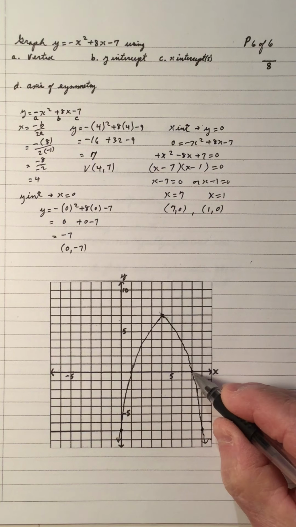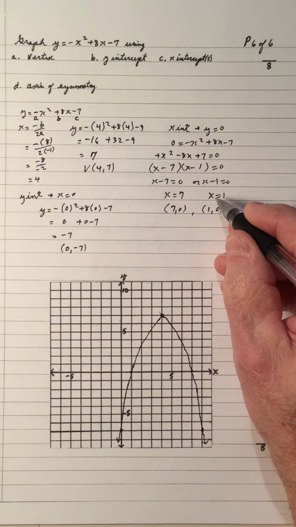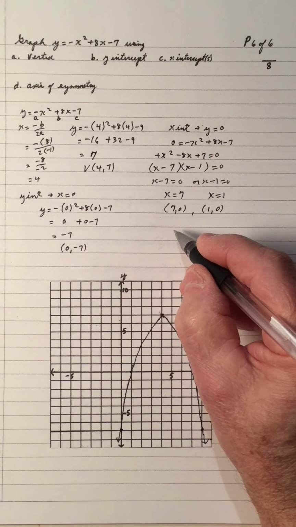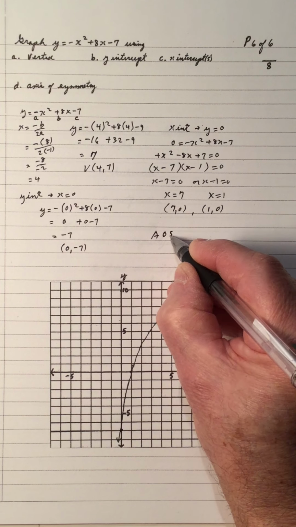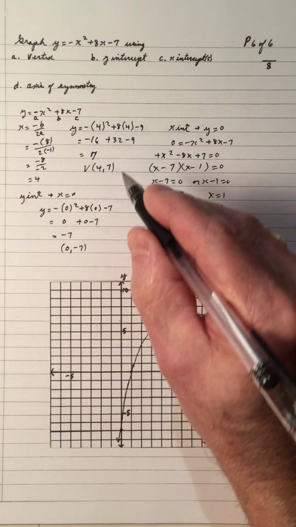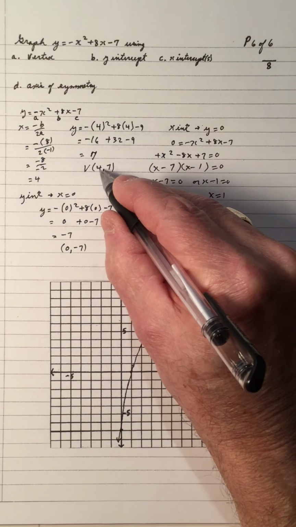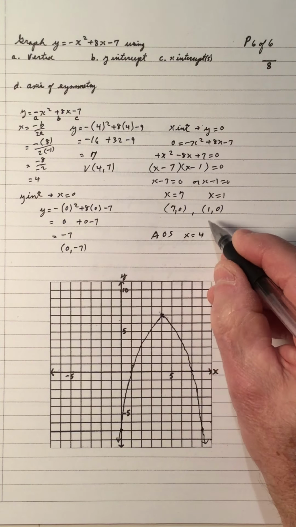So notice it's symmetrical, and the axis of symmetry, I should say, is x equals, the vertex is 4, 7, so the axis of symmetry is x equals 4. It goes through the vertex on the 4.